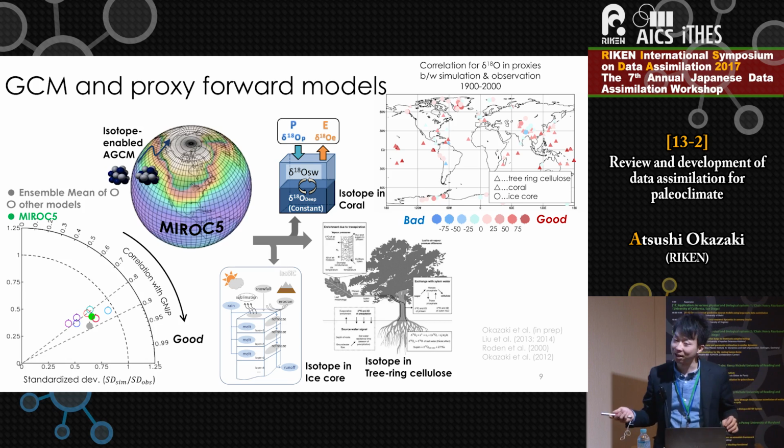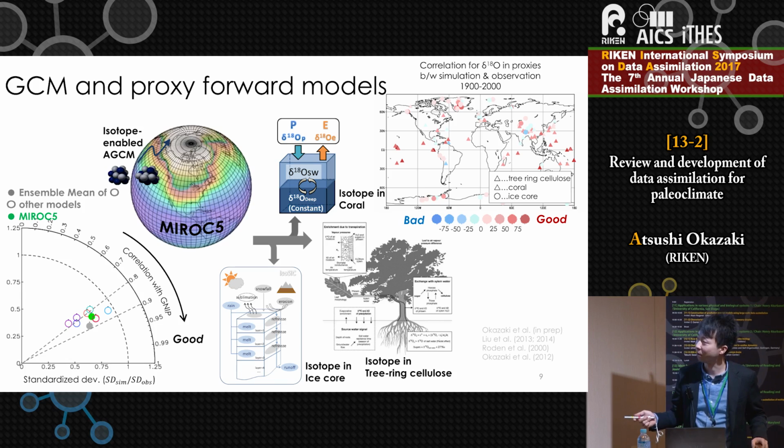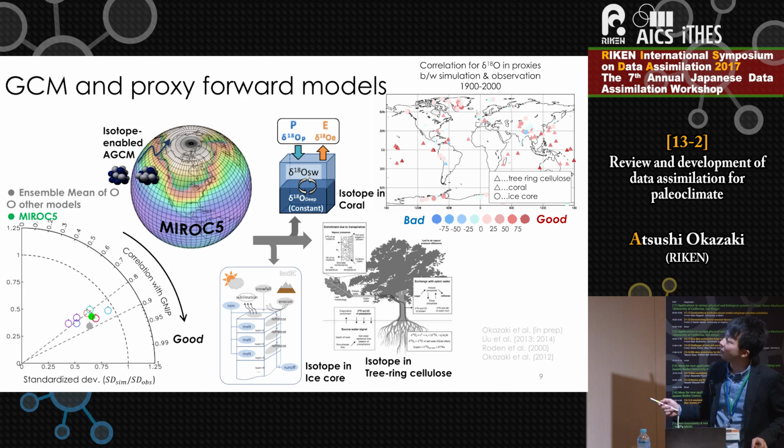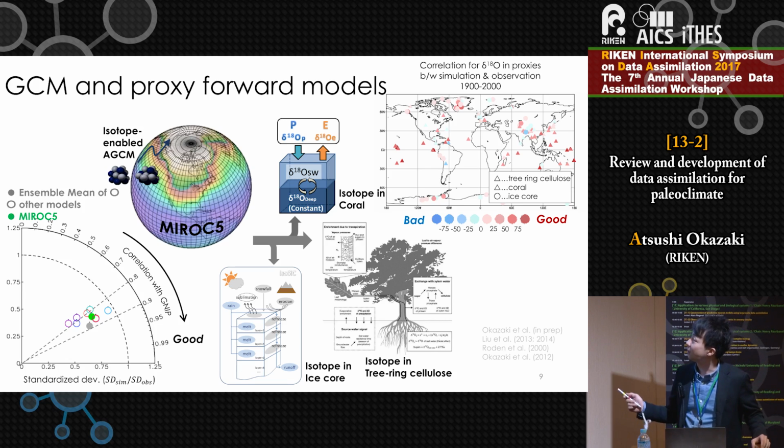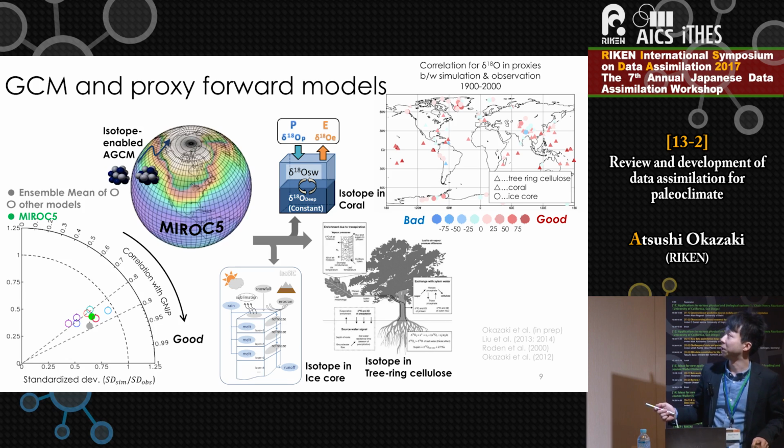So it is not the best, but we can say that it is comparable with the other models. And then, using the output of this model, we drove the three isotopic proxy models: coral, tree-ring cellulose, and ice cores. This figure compares the correlation between simulation and observation for isotopic proxies.